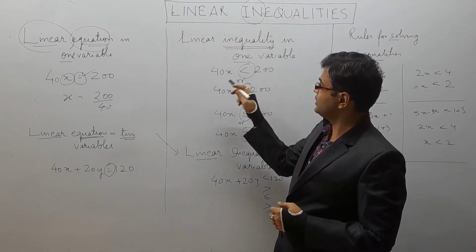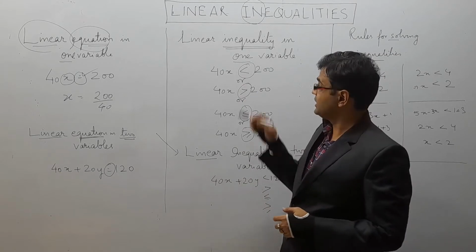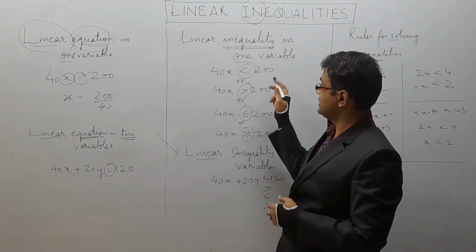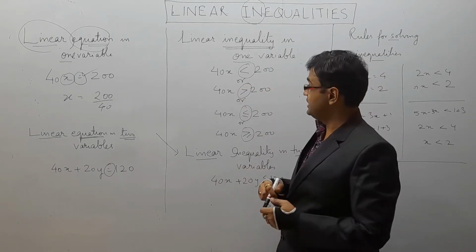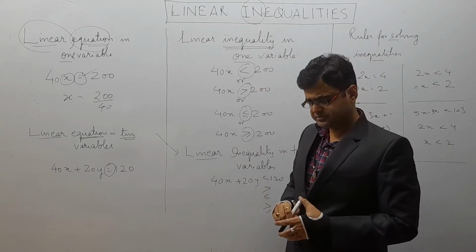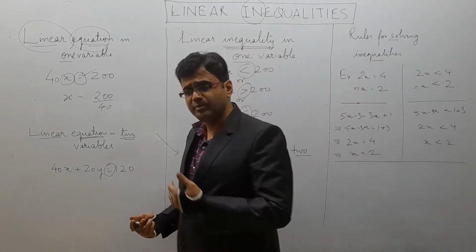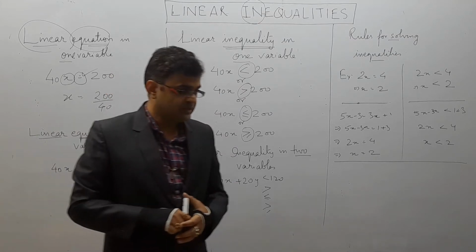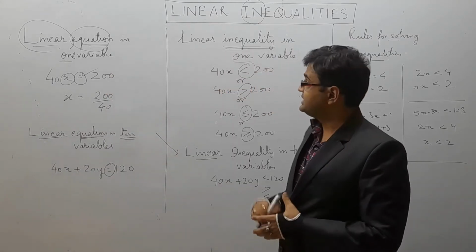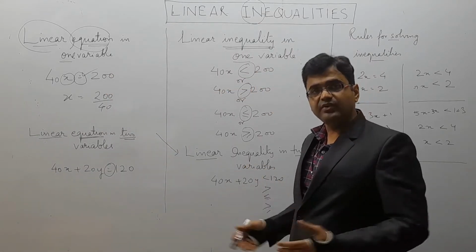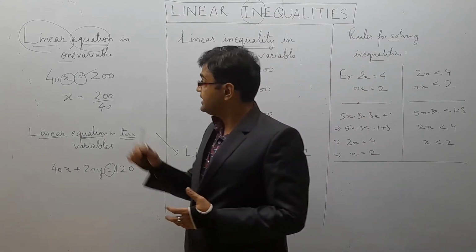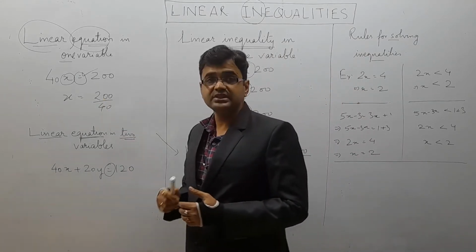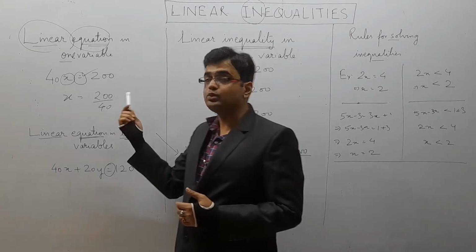Here, if I say 40x < 200 or x < 200/40, that means 5. So x < 5. Less than 5 means many possible values x can take. Less than 5 can be infinite values, right? And here the value is equal to 5. x = 5.